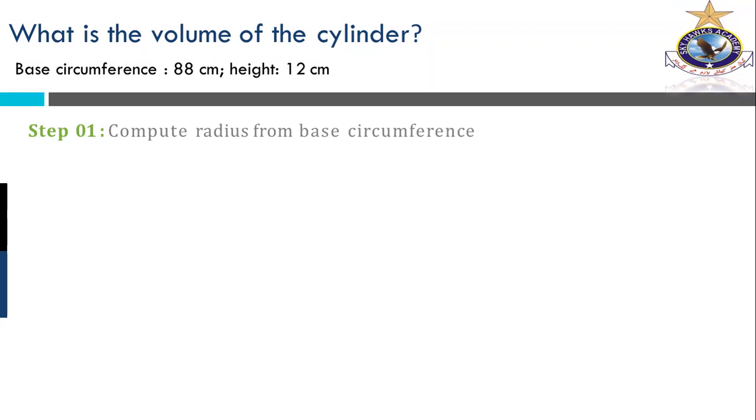Base circumference is given, 88 centimeters, and the height of the cylinder is also given, 12 centimeters. In step 1 we must have the radius, the value of r, because without the radius of this circular cylinder, we cannot calculate anything.